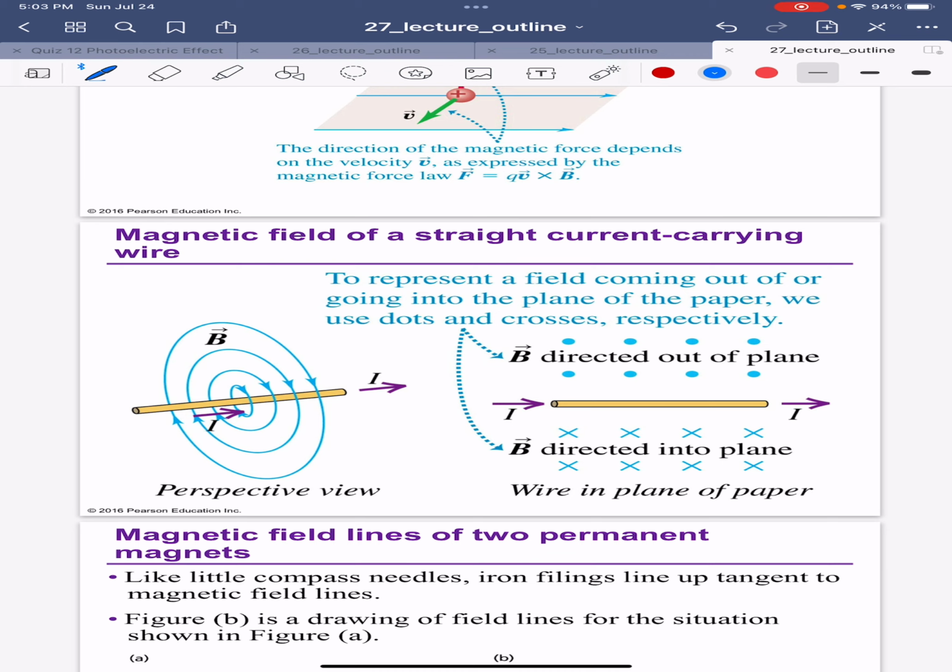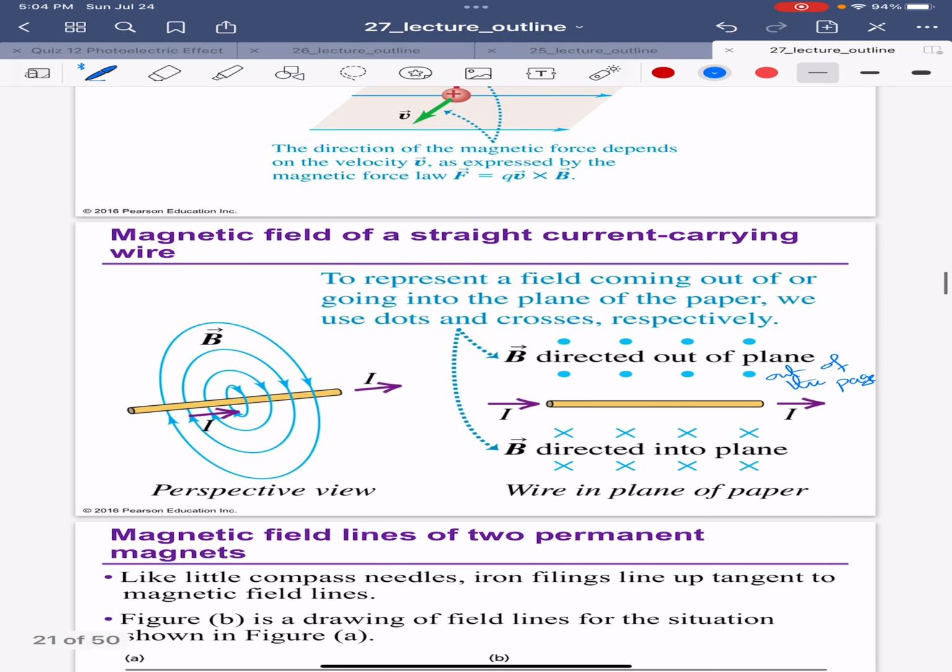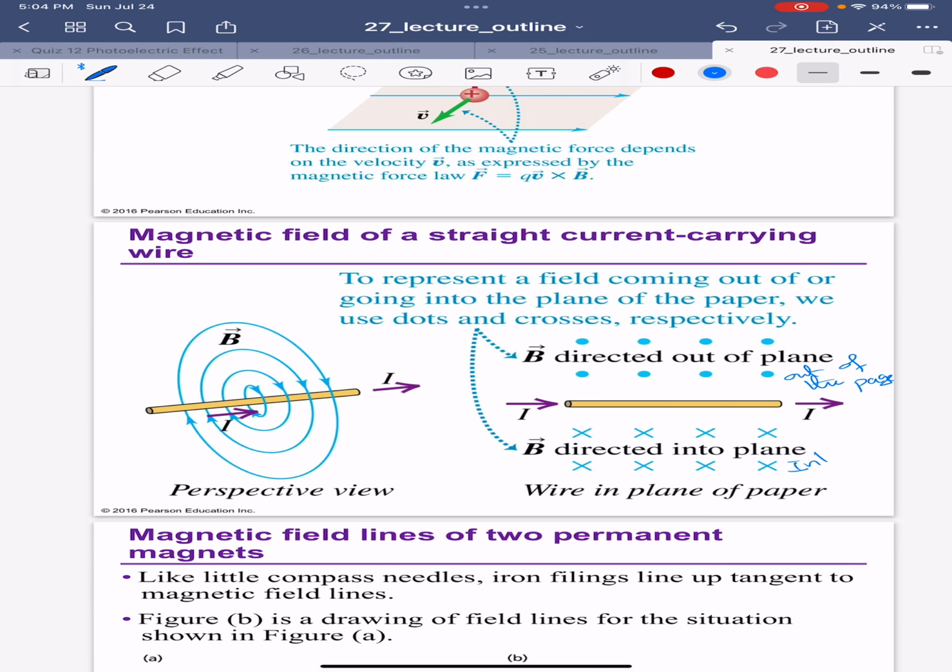To represent a field, we use the notation: the dots for out of the page, and crosses when they are into the page.